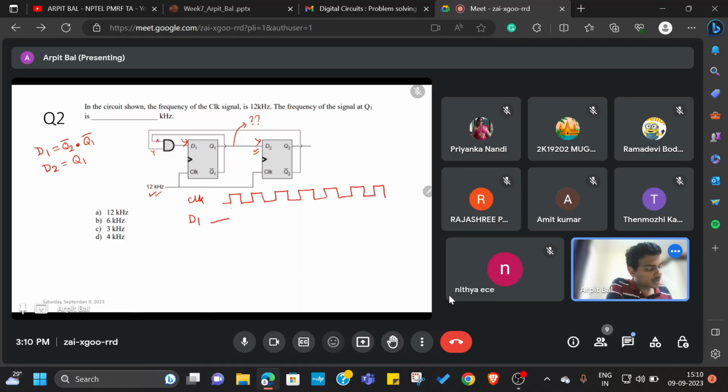Let me draw the clock lines like this, and this is a positive edge triggered clock.